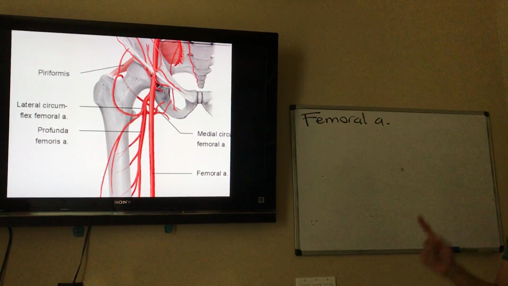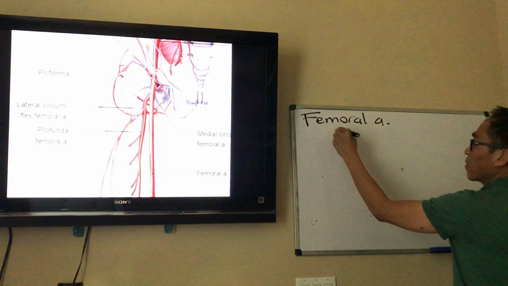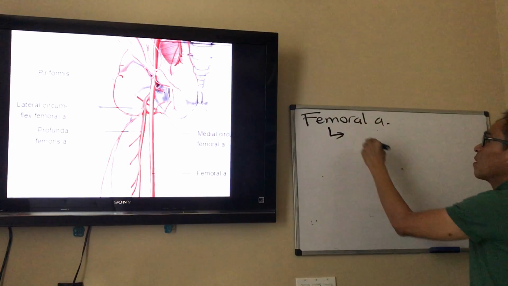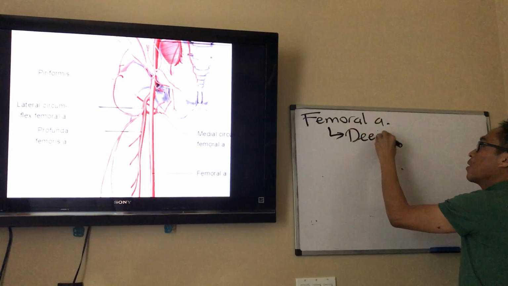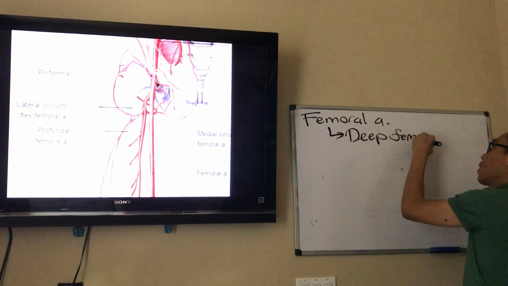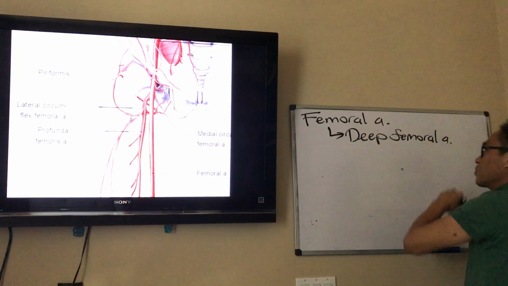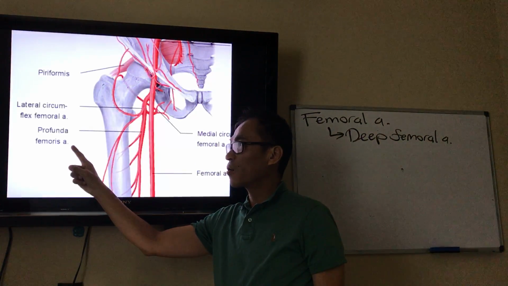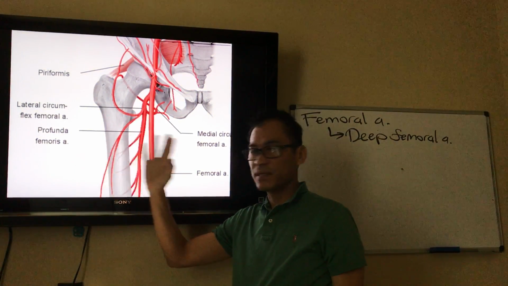Femoral artery, first major branch coming off of there. Let's get under here. The deep femoral. Also known as named here, Profunda femoris artery. To be profound is to be deep, that's the same thing.